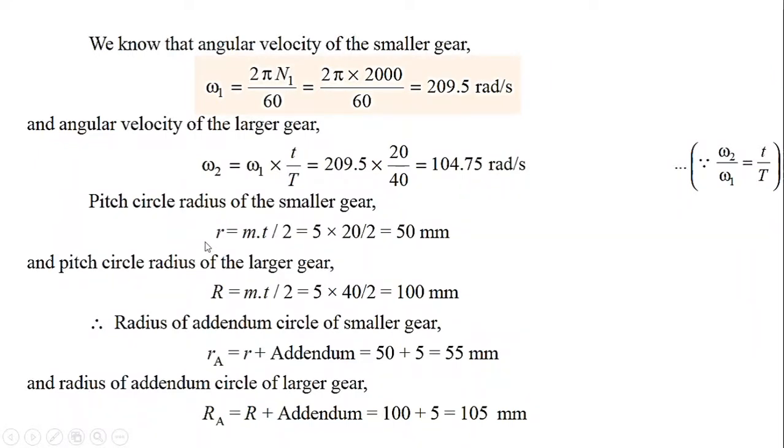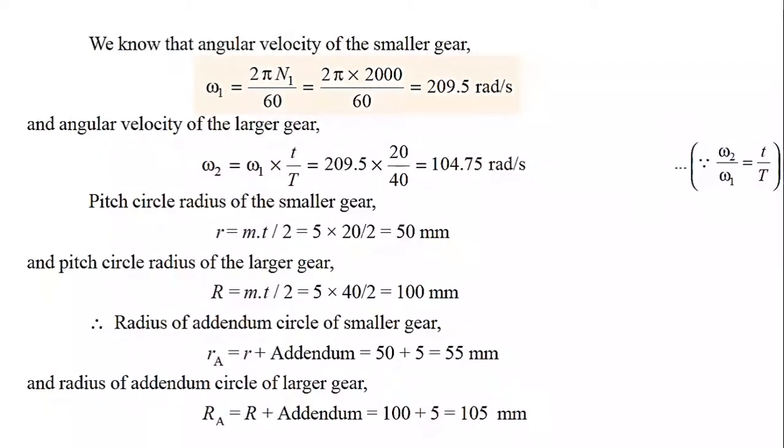Next, we'll find small r, capital R, and capital RA and small RA. Similar to the previous problem, we will apply all the values and we will get the answer. Small r equals m into small t divided by 2, where m is the module and t is the number of teeth on the pinion.